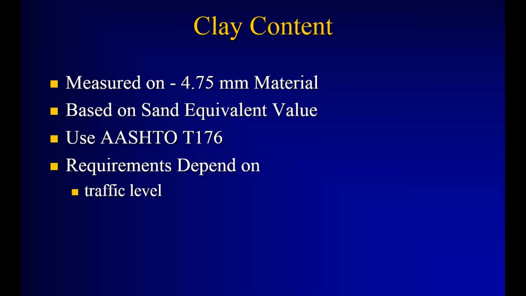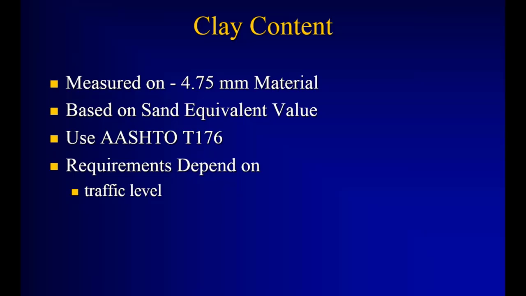So clay content, or sometimes called sand equivalent, was that fourth consensus property. Again, it's a fine aggregate test, replaces liquid limit PI testing. It's a little longer test. It's fairly repeatable. It's a more, I guess, intuitive way of measuring clay content, or the opposite, sand, in my material.